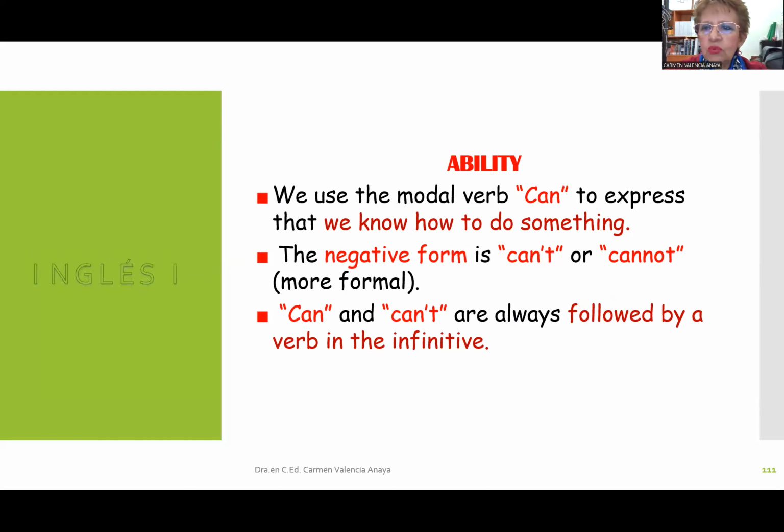Okay, at the beginning, we will start working with a modal verb can to express that we know how to do something. And at the same time, if you can see, the main function of can is ability to do something, power to do something, and it could be, in this case, a request, but we will see that in the next slide.